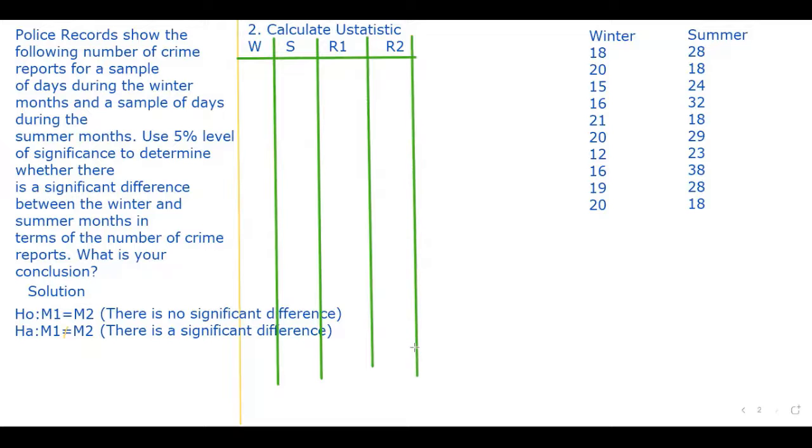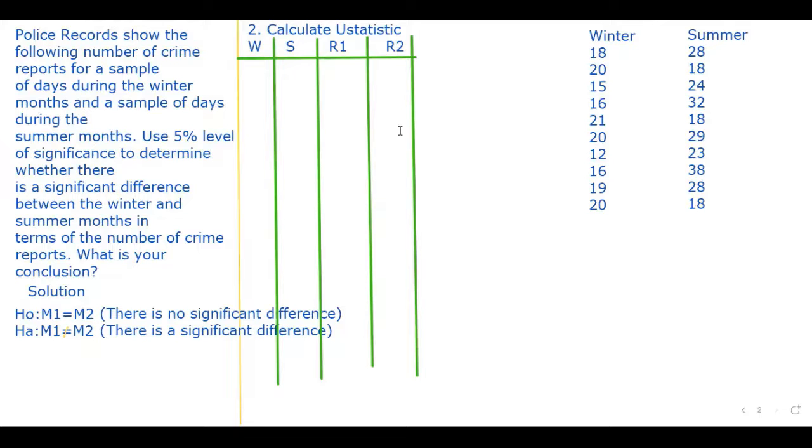We are going to rank them, arranging them in ascending order. When you mention the value, you mention which population it belongs to, whether it's W or S. Let's start. What's the least value here?